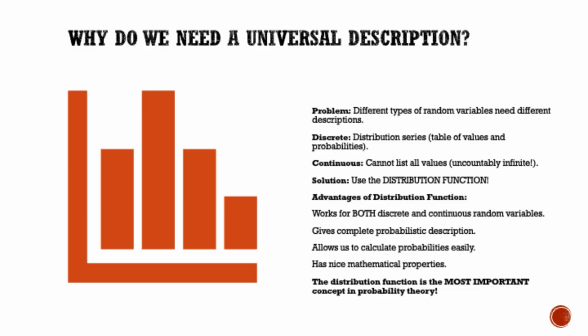This function has several advantages. It works for both discrete and continuous random variables. It gives a complete probabilistic description. It allows us to calculate probabilities easily, and it has elegant mathematical properties. The distribution function is widely considered the most important concept in probability theory because it provides this universal framework.